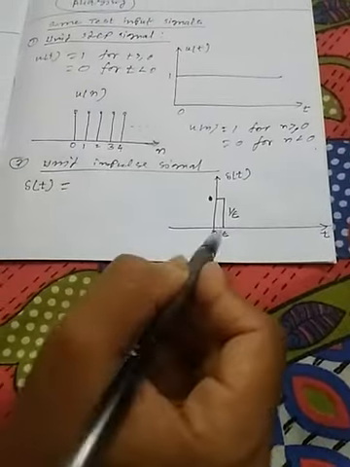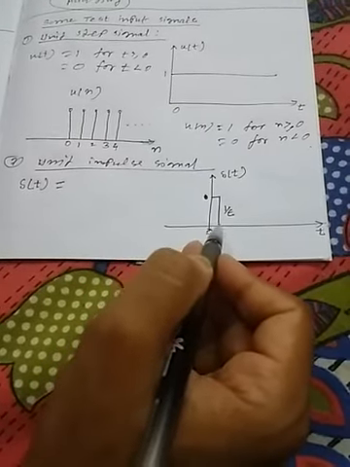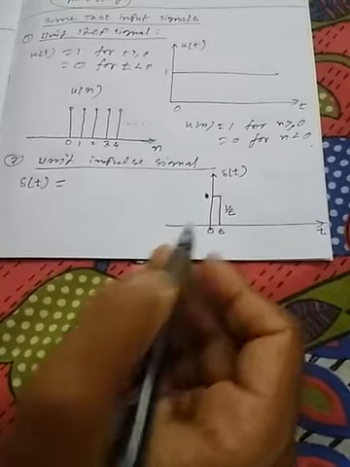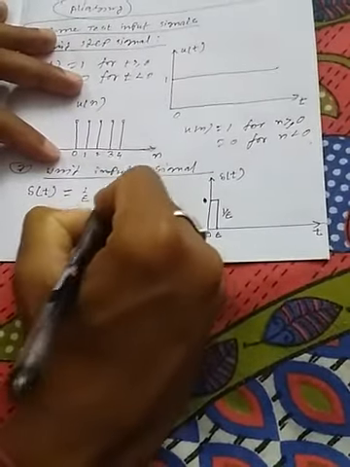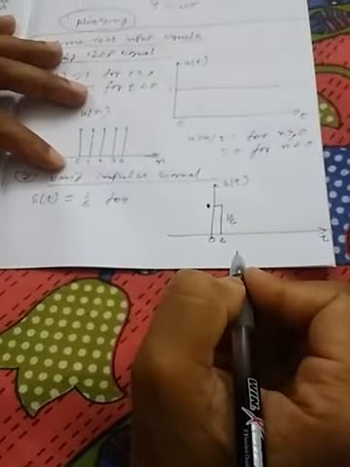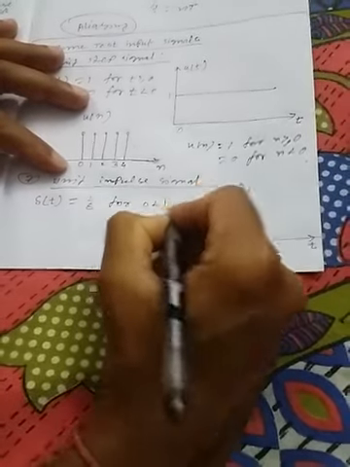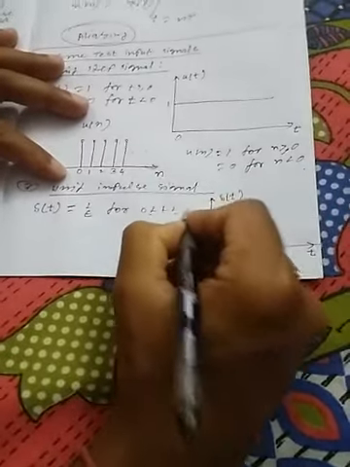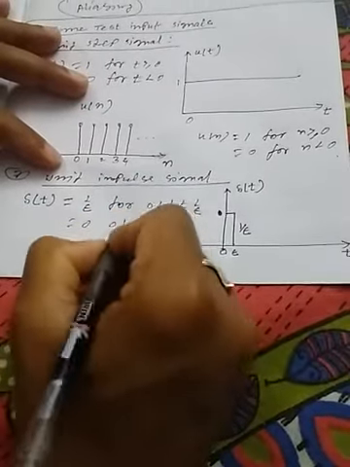And this duration along the x-axis, along the time axis, is epsilon. So delta(t) equal to 1 by epsilon for 0 less than or equal to t less than or equal to epsilon, and 0 otherwise.